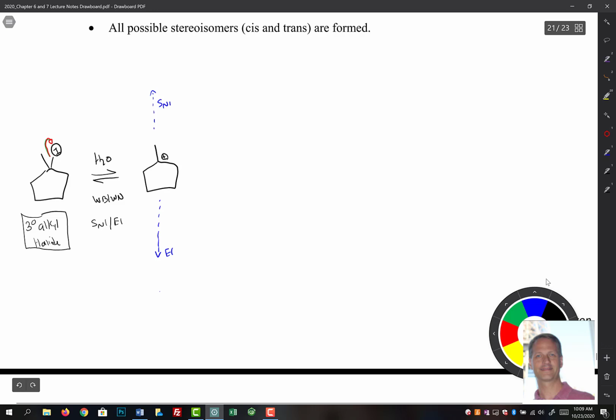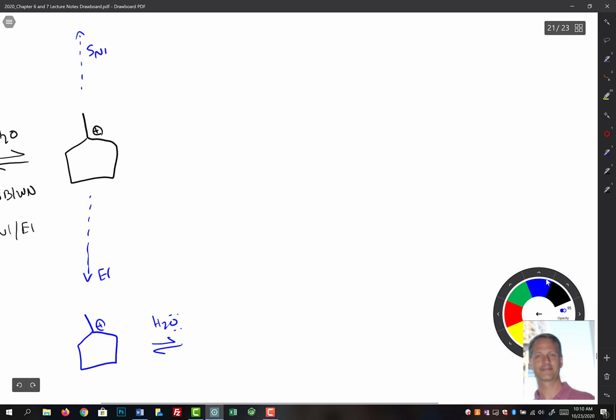Down here below, we'd have that same structure, except we're going to be doing an elimination on that route. So we're going to come over here, put a plus charge there, and then go through with water here, and we're going to take off H's. Now, let's look at this a little bit closer. The question is, where do the H's get taken off?